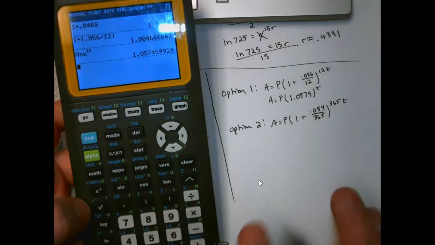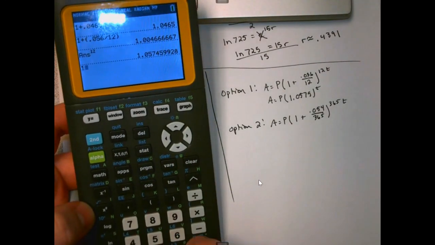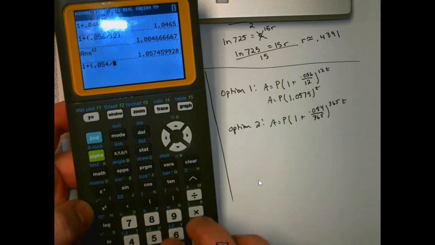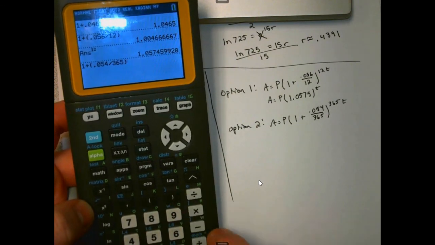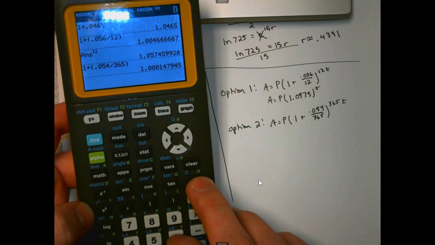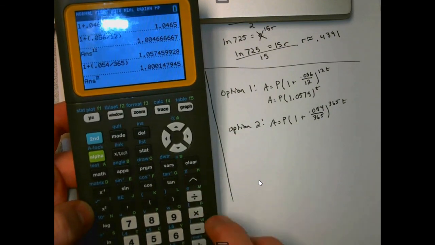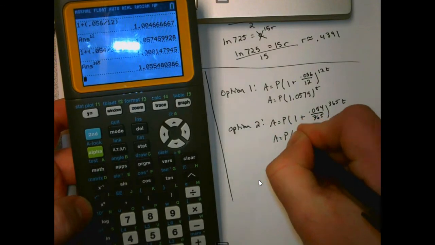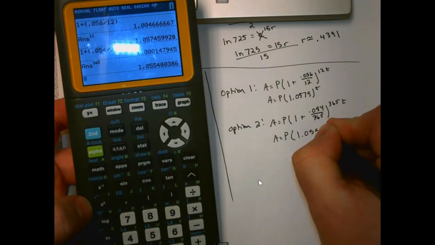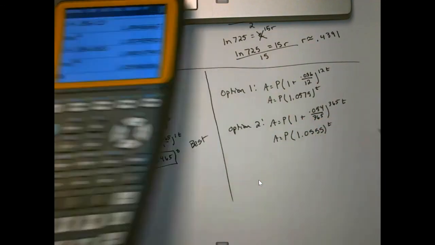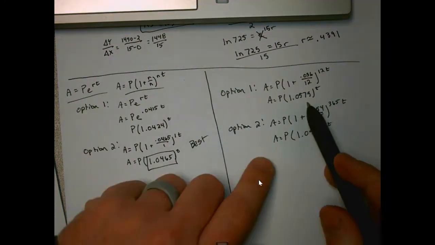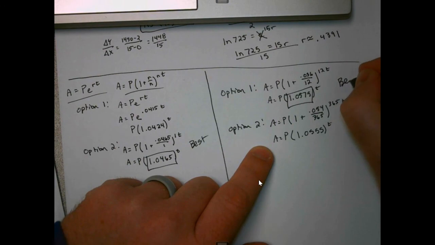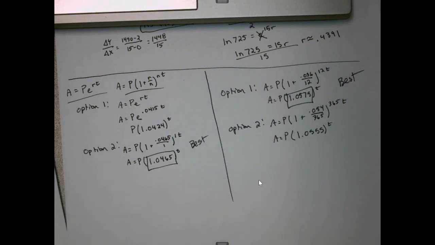So this would be 1 plus 0.054 over 365, and we're going to raise that to the 365. So A equals P times 1.0555 to the t. We're going to compare these two numbers. It looks like this one is higher, so option 1 would be your best.